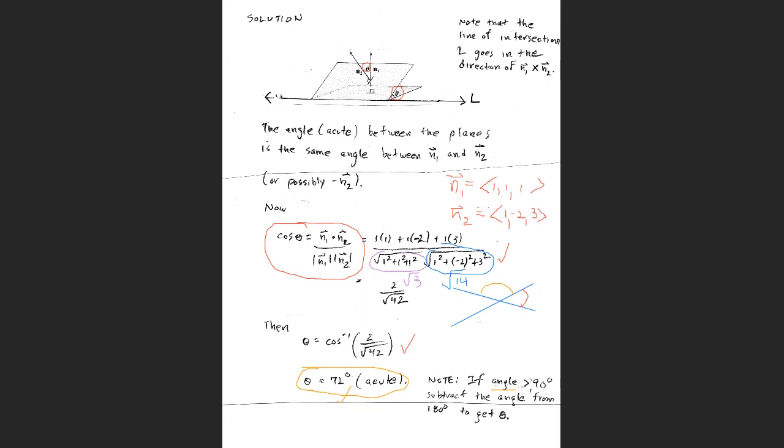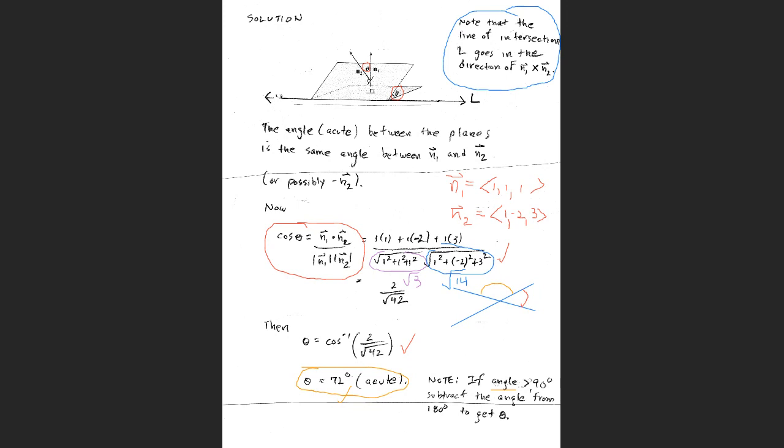The second question we want to find is the symmetric equations for the line of intersection between the two planes. Again, we make use of the fact that the line of intersection L goes in the direction of the cross product of those two normal vectors. You're welcome, Andrew.